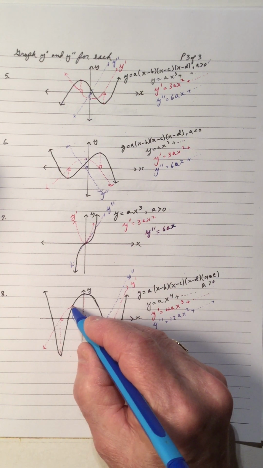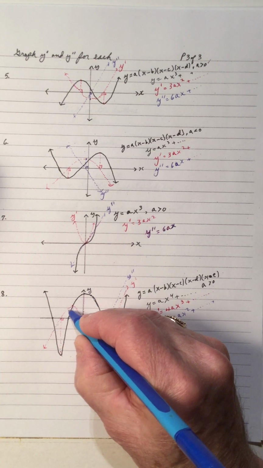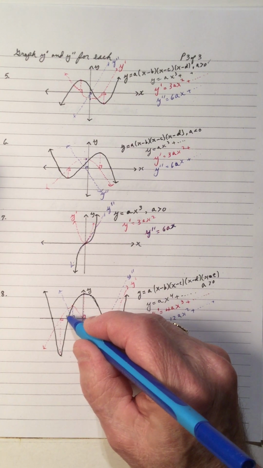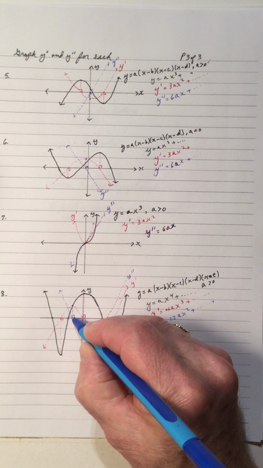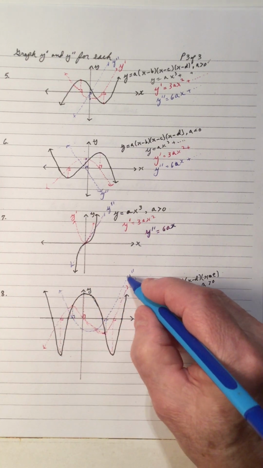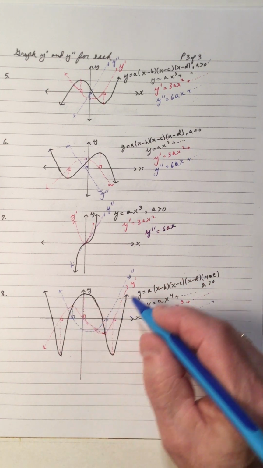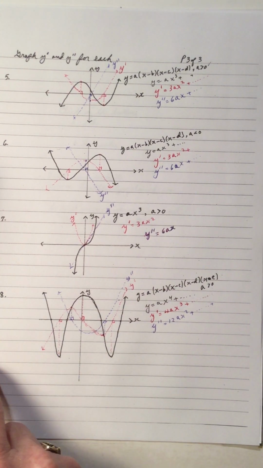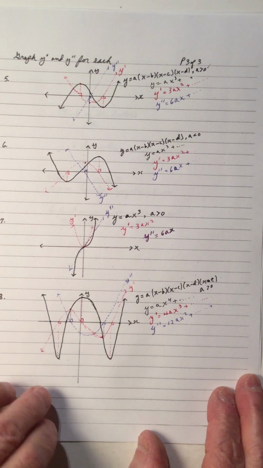And on this side of the cubic, we have a positive, so that means it opens up to there, like that. All the values on this side of this cubic are positive, so that's where we're going up. So notice now y double prime is a parabola and y prime is a cubic. So that's graphing y prime and y double prime from a graph.